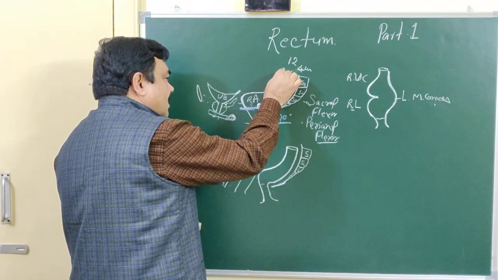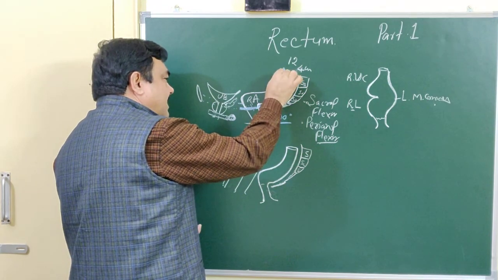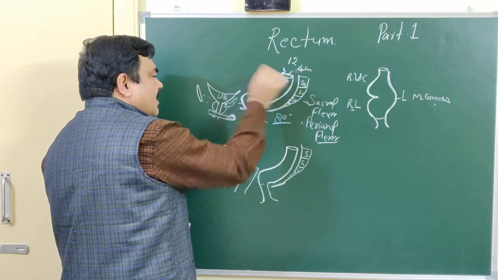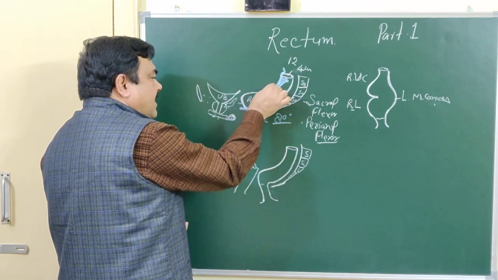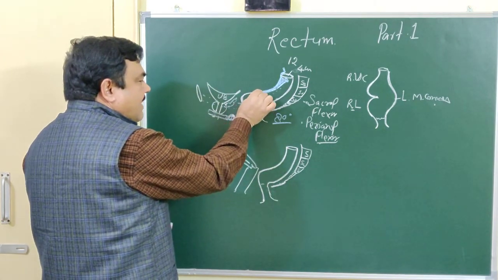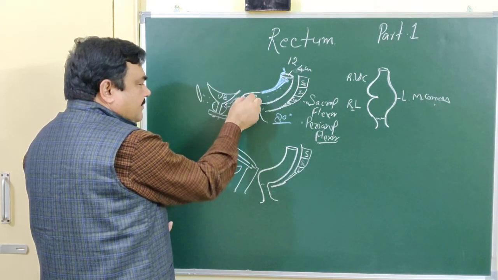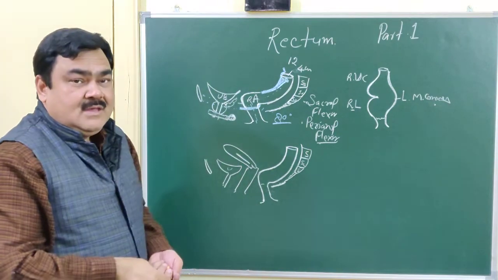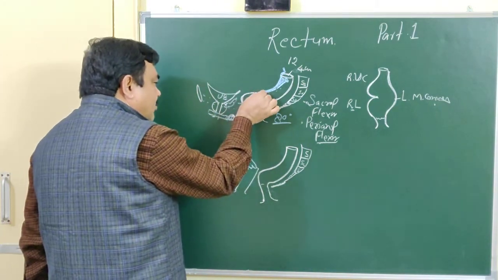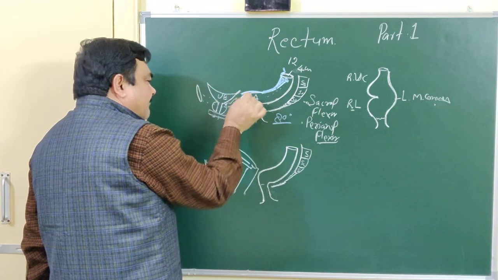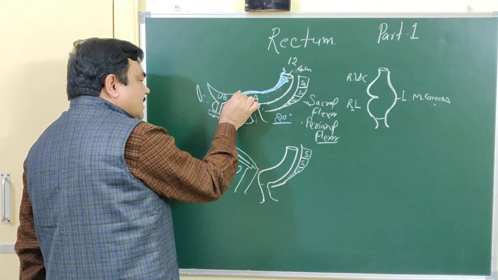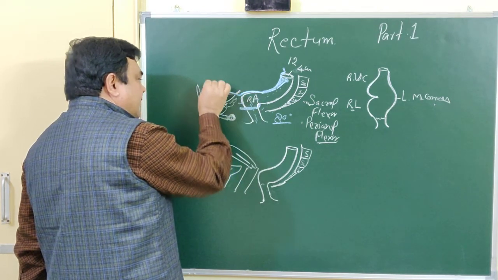So its lateral half and anterior part are covered by peritoneum. In the middle part, only the anterior part is covered by peritoneum. In the lower one third, the rectal ampulla is not covered by peritoneum. Here the peritoneum folds and forms the rectovesical pouch.